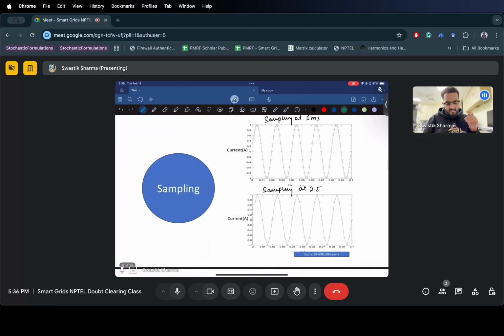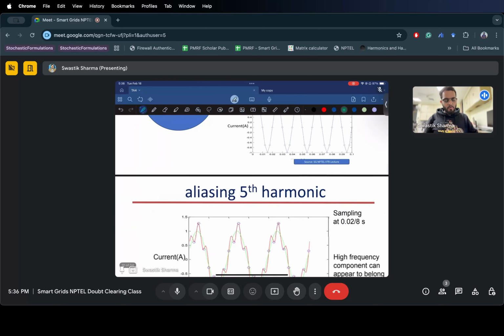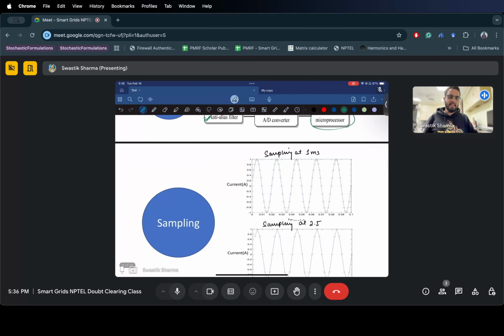When I said sampling, as I told you, a higher frequency component can creep in. So what do I mean by high frequency component? Let's say this is your current waveform.